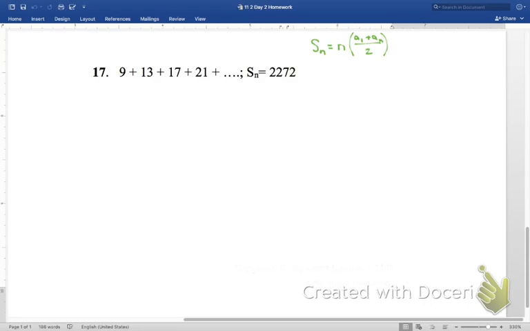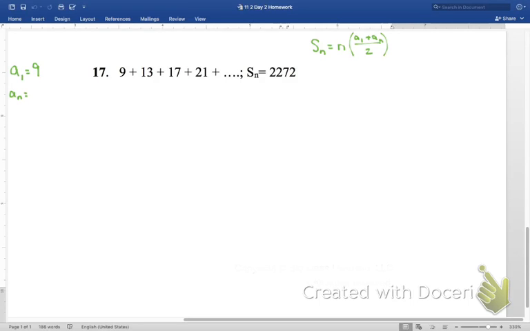So we've got to find n. We don't know what n is. We know what the first term is, hopefully. Okay, we know that the first term in this sequence is going to be 9. A sub n, just like we did on 7, you need to find the rule.